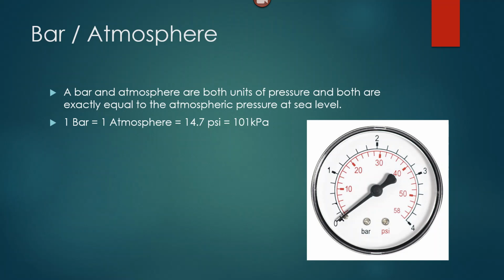If you are not talking about kilopascals, you're much more likely to come across bar or an atmosphere than you are psi, to be honest. But that is another common pressure, and here are your conversion ratios.